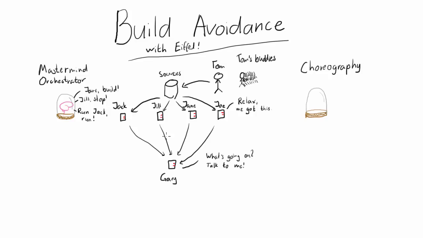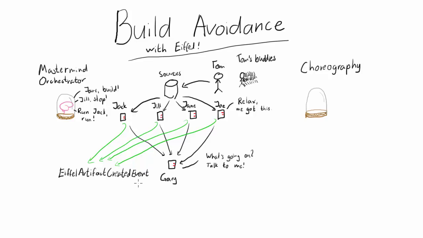This is simple enough, but what about Gary? How does he know when to create a new version of the system and which components to include? The philosophy of Eiffel is that whenever something noteworthy happens, this is documented through a broadcast event. So Jack, Jill, Jane, and Joe need to communicate what they do, if they do anything.